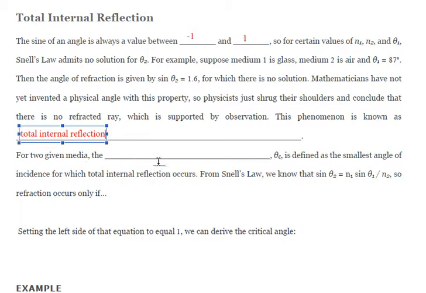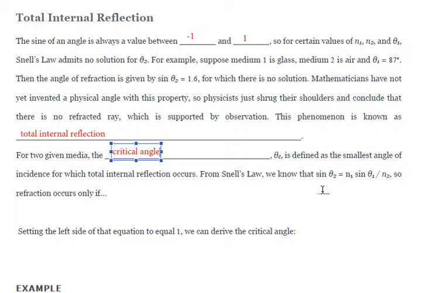For those two given media, the glass and the air in our example, we have what's called a critical angle. The critical angle is theta c, and it's defined as the smallest angle of incidence for which total internal reflection occurs.